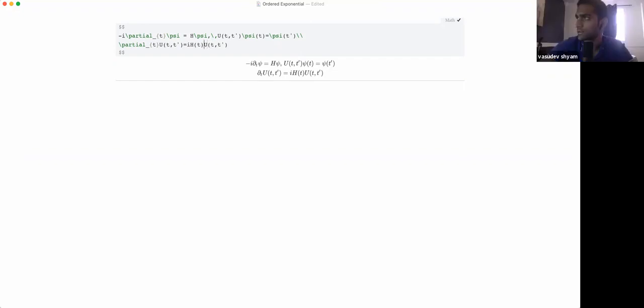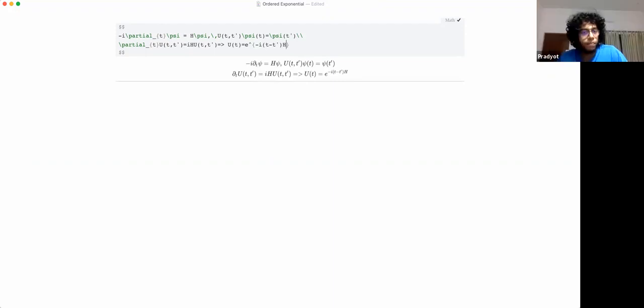It would have been H of t if this was time dependent, but now it's time independent, which means that really U is an exponential. So that's quite nice. If we set t to 0, then this is just e to the power minus iHt.